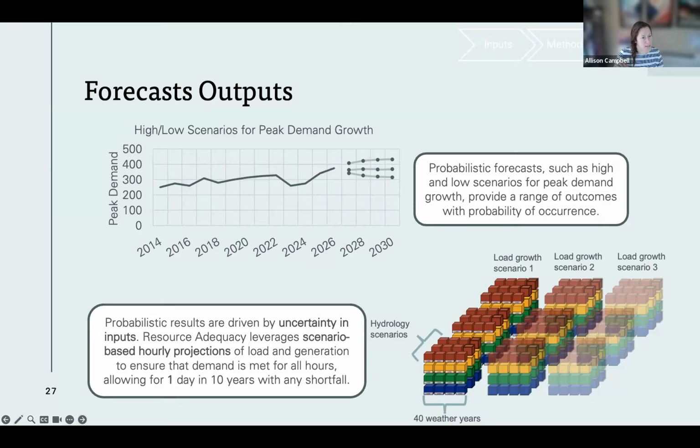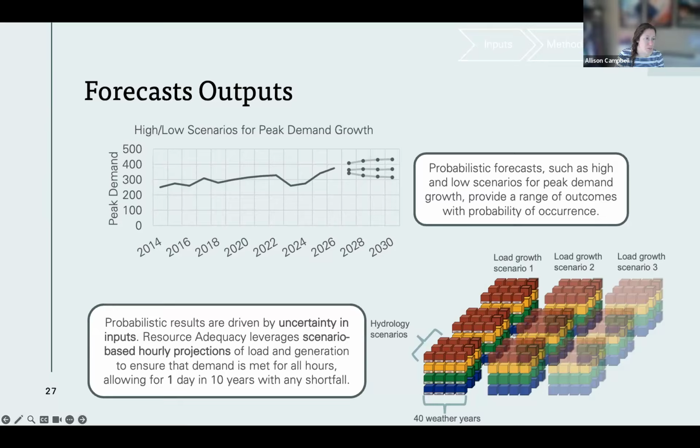So imagine that like the one red box in the big box on the bottom left, that is your entire data set with 8760 hours of temperature, of solar production, of everything you could ever imagine you would need for one analysis. So each tiny box produces one forecast. Now imagine we have 40 weather years, different hydrology scenarios, different load growth scenarios, and then we have hundreds to thousands of scenarios that we can run.